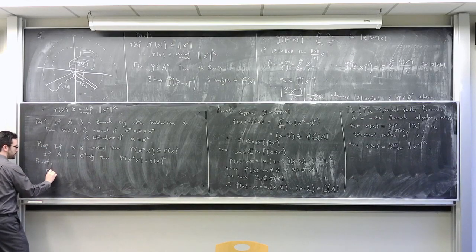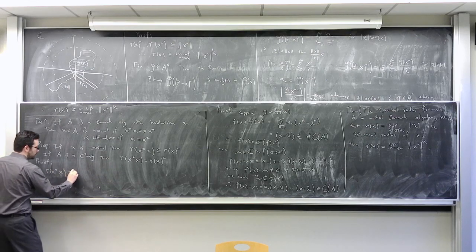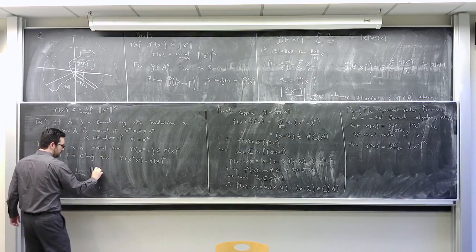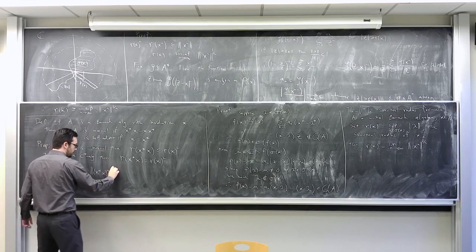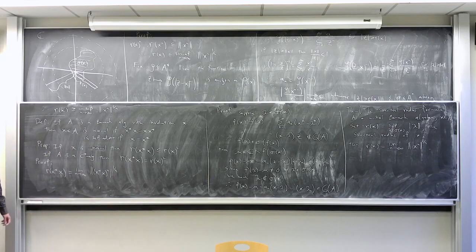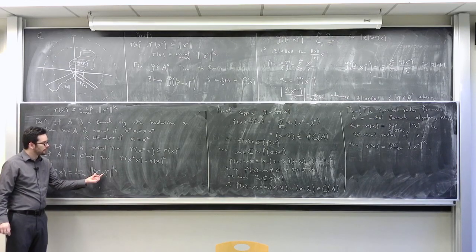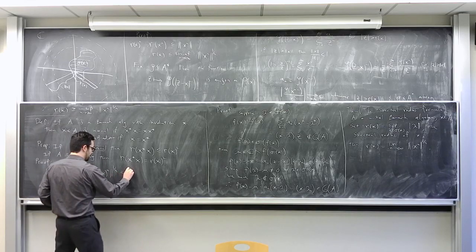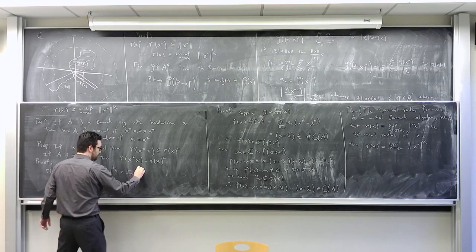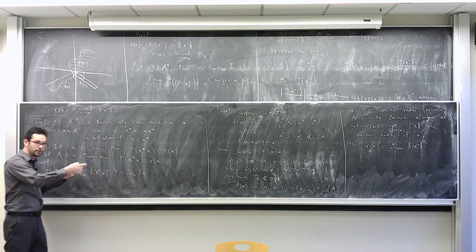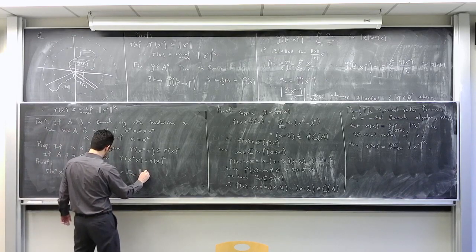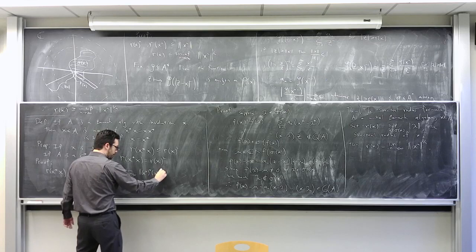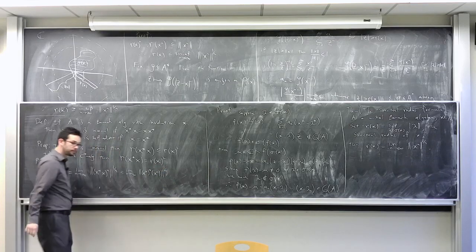So namely, the spectral radius of x star x is the limit as n tends to infinity of the norm of x star x to the nth power, and then take the nth root. But of course, x and x star commute since they're normal by hypothesis, which means we can rewrite this as the limit as n goes to infinity of the norm of, and of course taking adjoints commutes with powers, so you can write this as x^n star x^n, to the 1 over n.